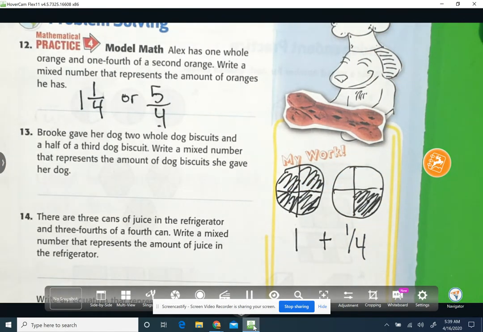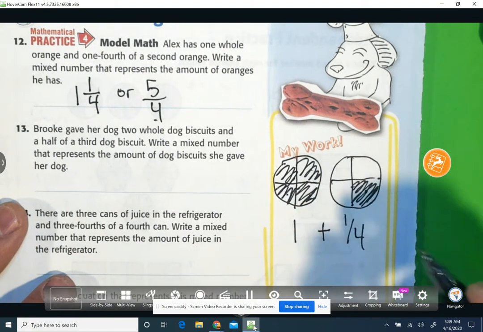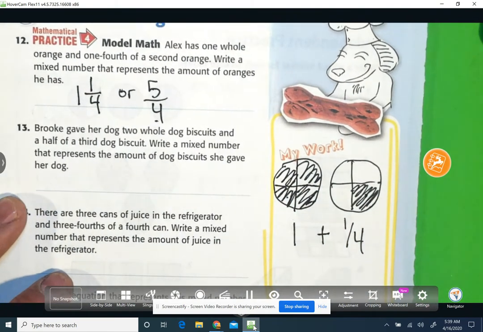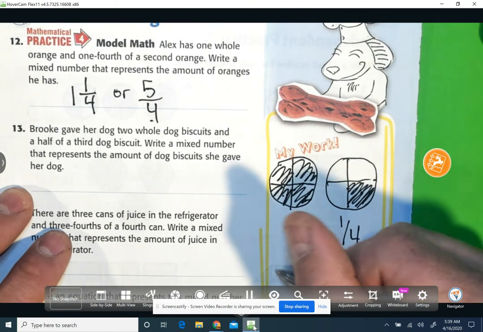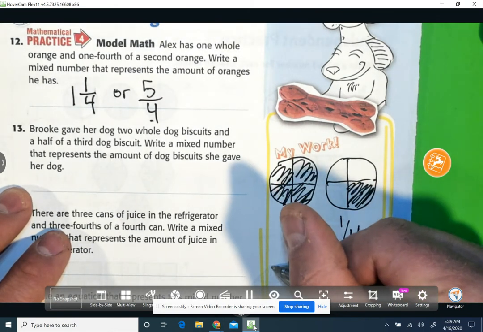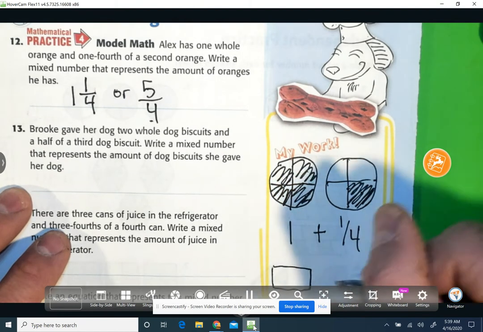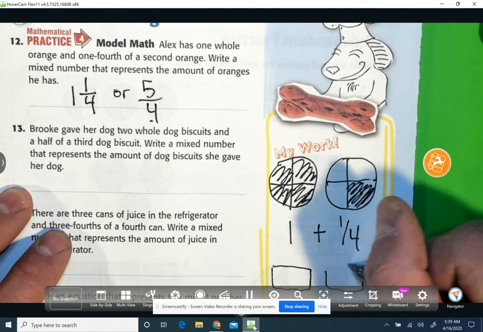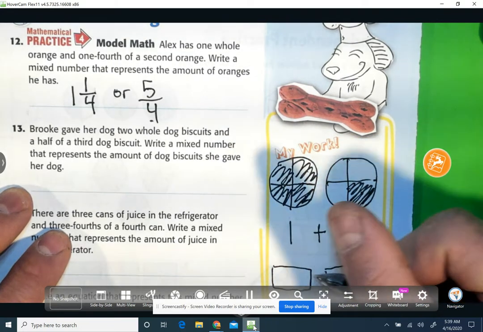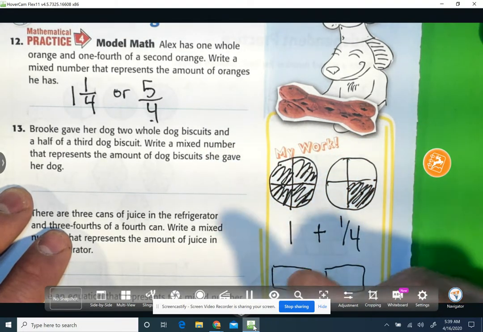Brooke gave her dog 2 whole dog biscuits and a third of another biscuit. Write a mixed number that represents the amount of dog biscuits she gave her dog. Well, you got your biscuit, okay? You got another biscuit, right? And a third of another biscuit, okay?